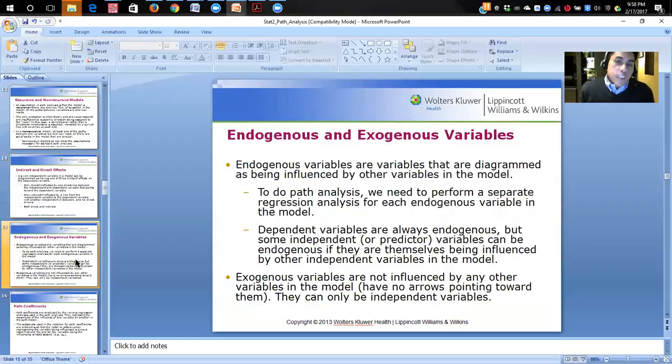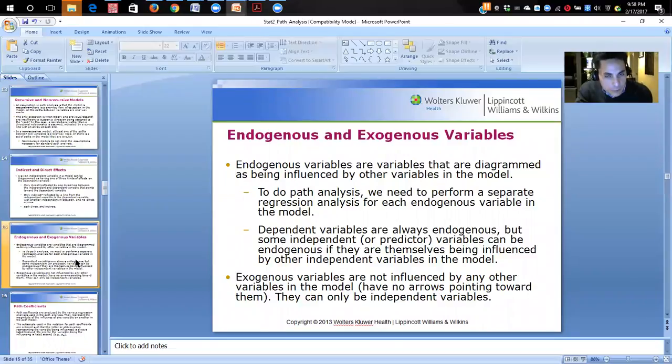So endogenous and exogenous variables are the terminology that we use when we talk about path analysis. To do path analysis, we need to perform a separate regression analysis for each endogenous variable in the model. And what does endogenous mean? Well, dependent variables are always endogenous variables.